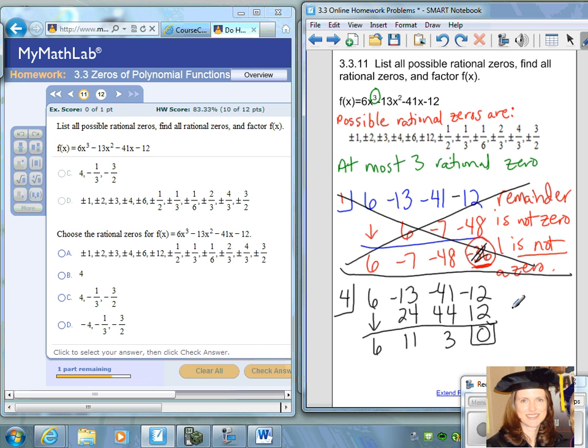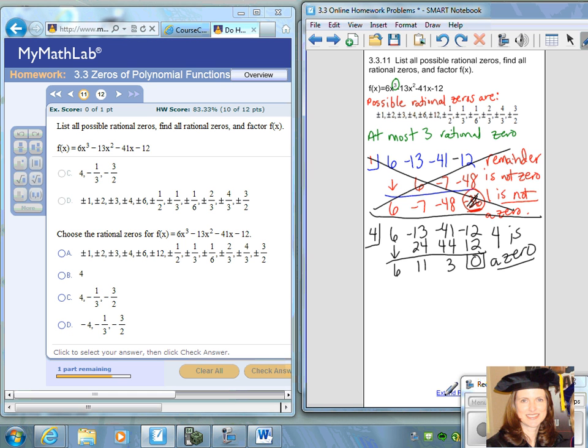Okay, so this does give us a remainder of 0. So we can say 4 is a 0 of the polynomial function. We're going to use that information in this synthetic division to find the other zeros.